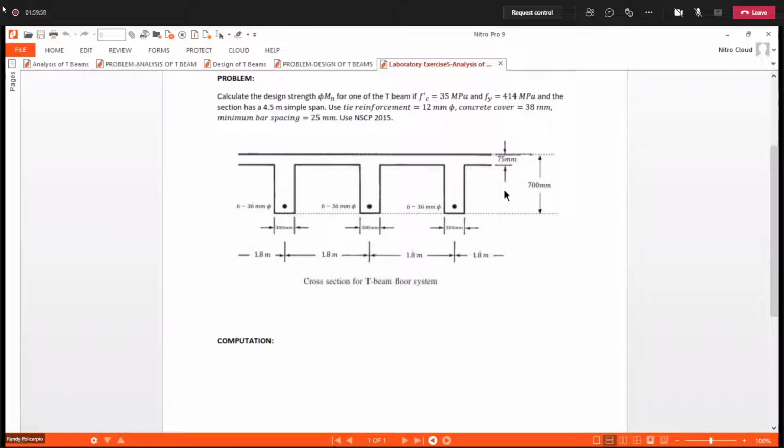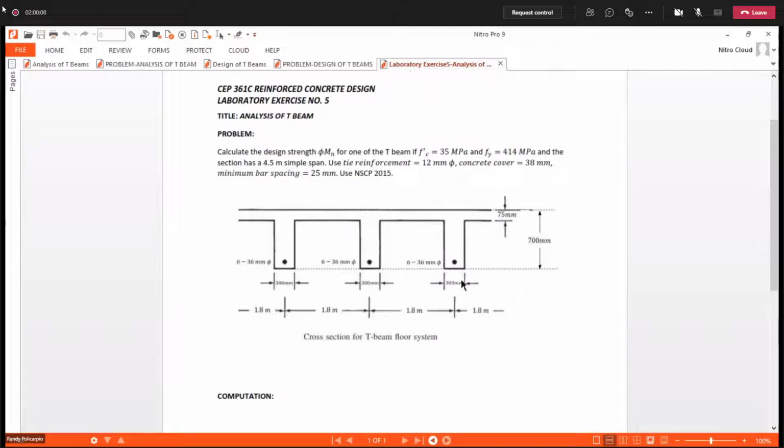Ayaw nila yung two-way slab. So dito tayo nagkakaroon ng mga T-beams, kapag malalapit yung spacing ng ating mga beams.